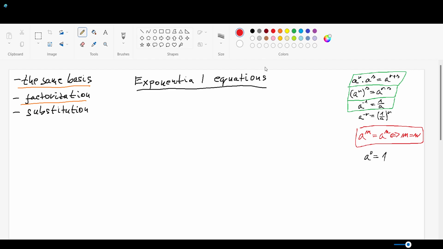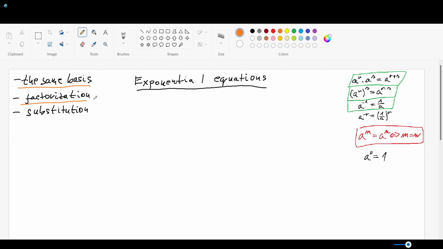Next thing I want to say: in this video I will show you three methods to solve exponential equations. The first one I call the same basis, because we simplify the equation so that we have the same bases, and then, as I said, the exponents must be equal as well for the equation to be true.